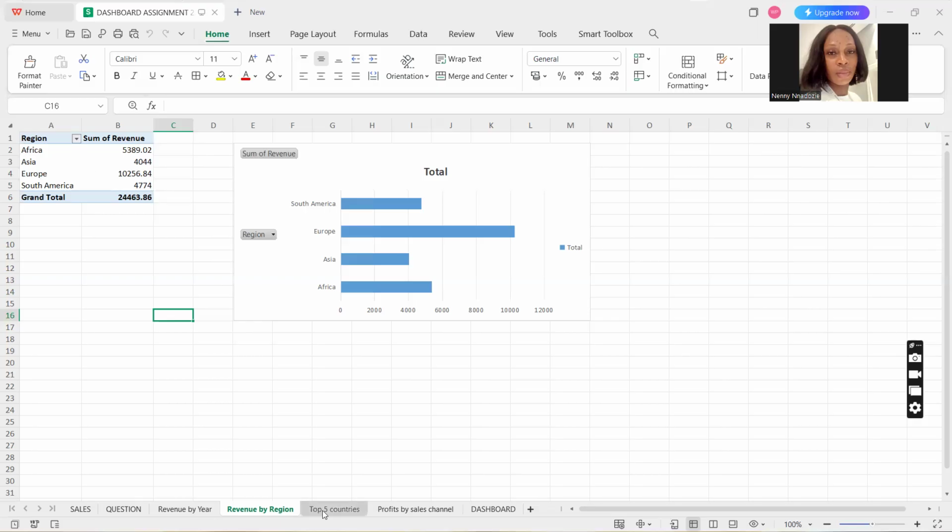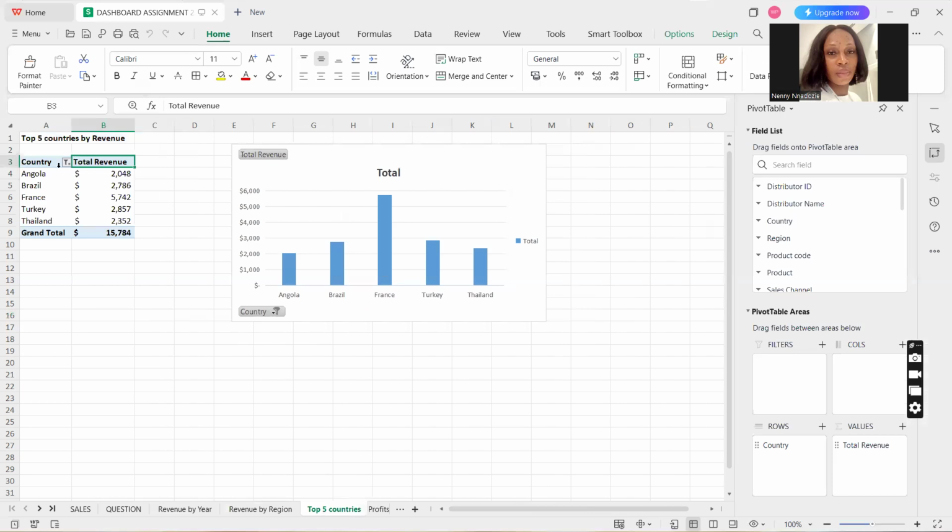Then let's move to the top 5 countries. These top 5 are the 5 countries with the highest revenue. Other countries are here, up to about 10 countries, and they generated different revenue in different years. But these ones we singled out as the top 5 countries by revenue. Looking at the chart, this is a bar chart.